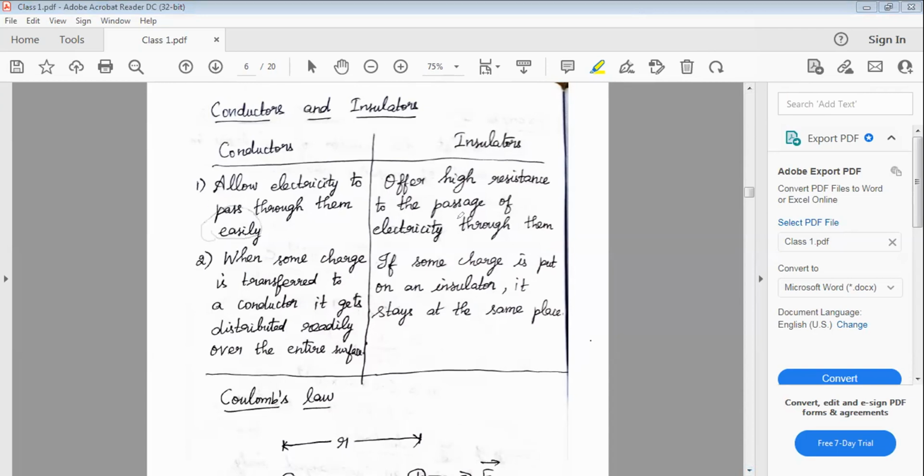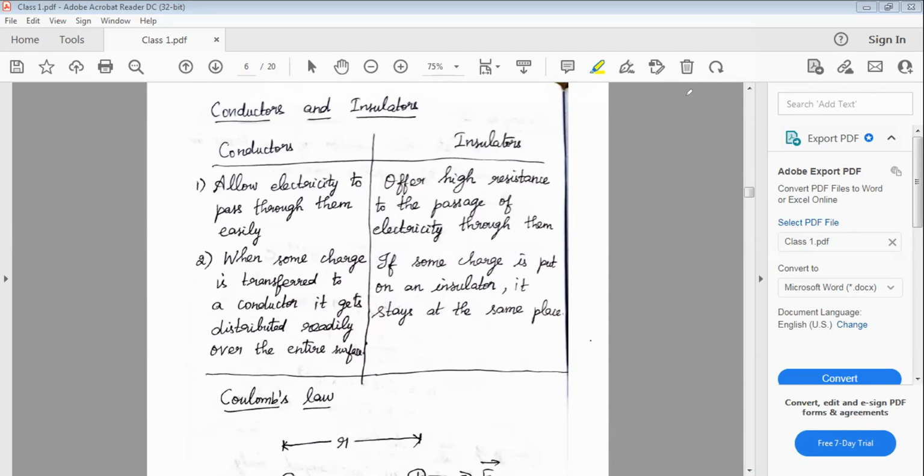They offer high resistance to the passage of electricity. Whenever you put some charge in a conductor, it gets redistributed over the entire surface, as happened in the previous example. But when you put some charge on an insulator, it stays at the same place.